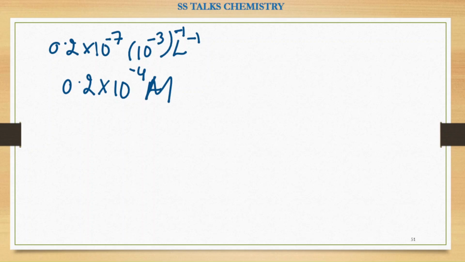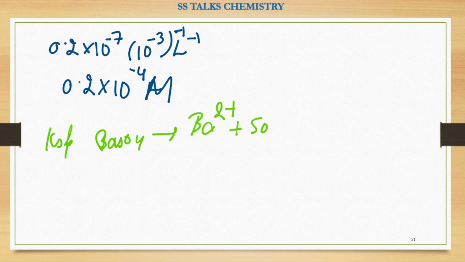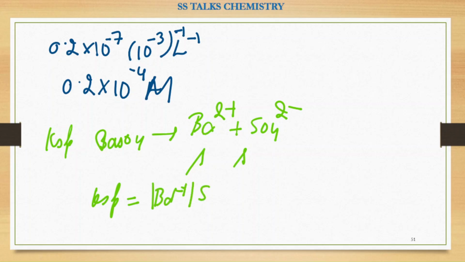Right? So next we have to find the Ksp. So barium sulfate is going to give us barium 2 positive plus the sulfate ions. The solubility for each of them is S and S only. Ksp will be the barium 2 positive concentration into the sulfate ion concentration, which is equal to S square.